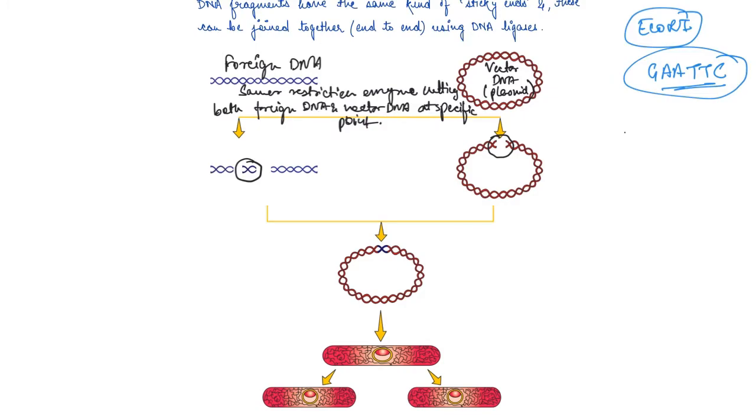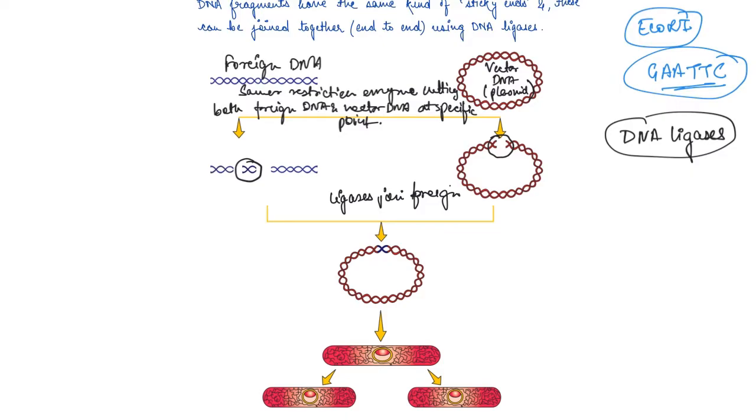Now we have DNA ligases, which join the two DNAs together. So ligases join foreign DNA to the plasmid, right? And here, if you notice, guys, this is the sequence of foreign DNA which is combined with the vector now.